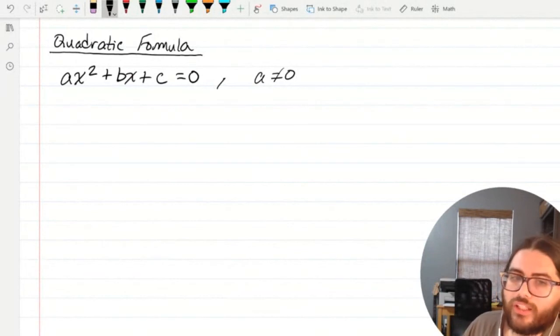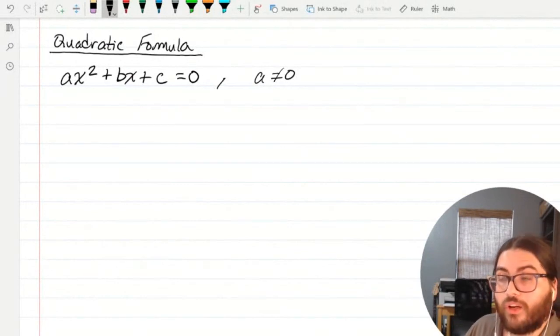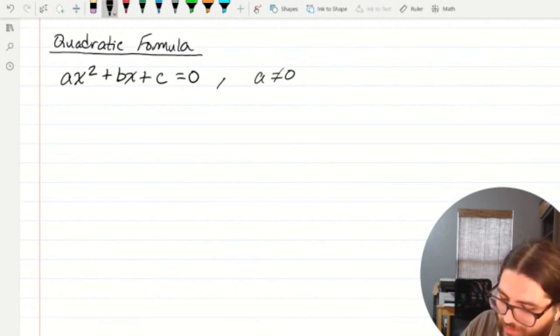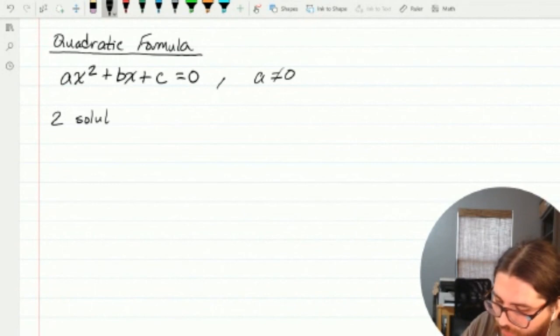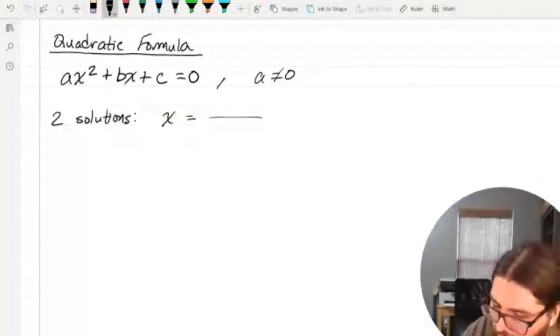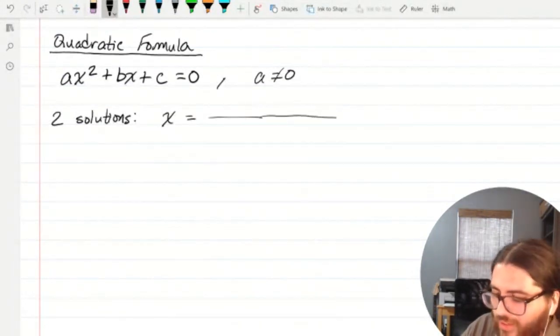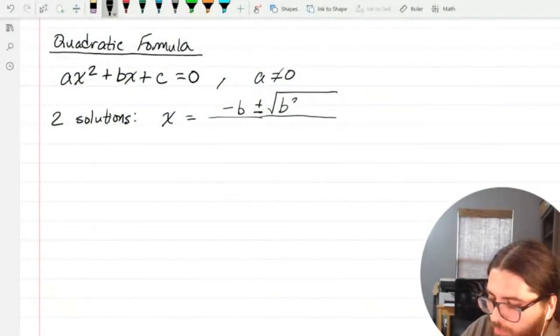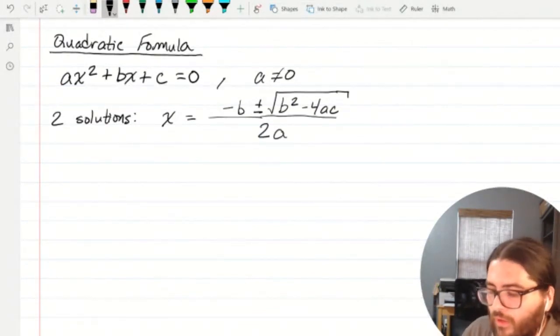Even better, I can find them. And I bet you've seen this before. It has 2 solutions. I'm going to write both at the same time because it's a fraction. And it looks like this. The opposite of b plus or minus the square root of b squared minus 4ac, all over 2a.